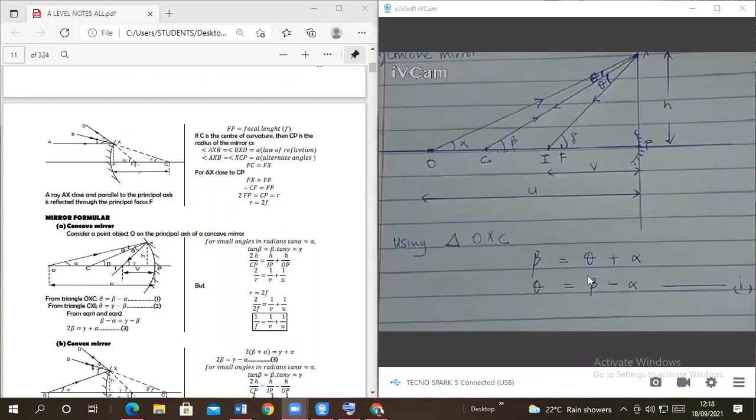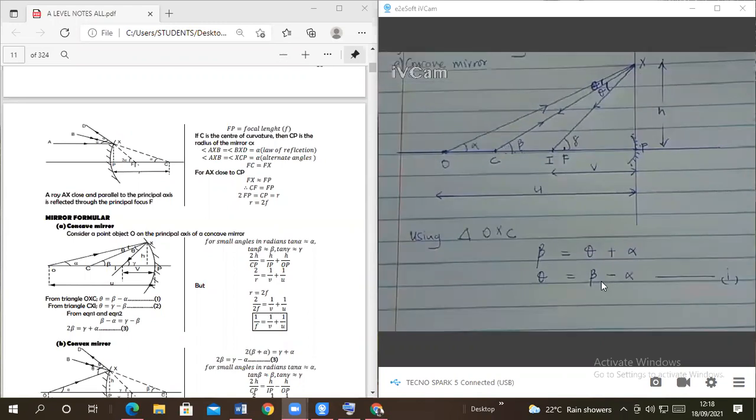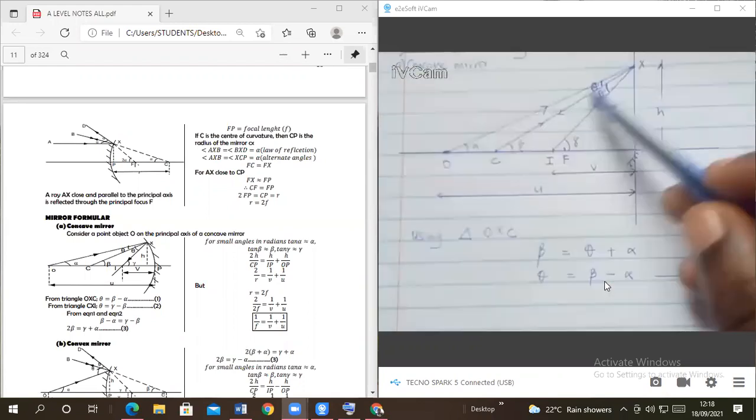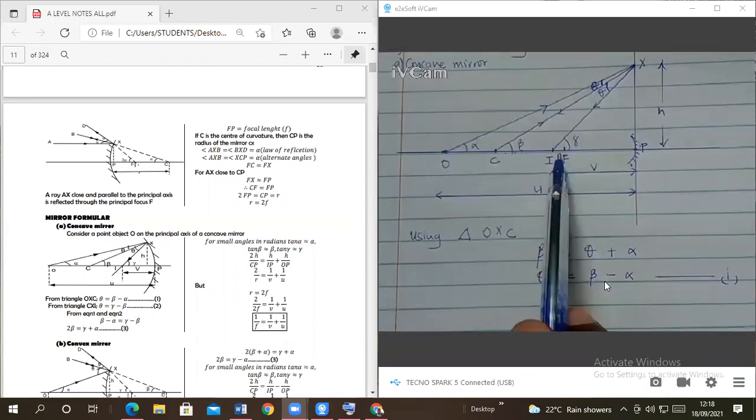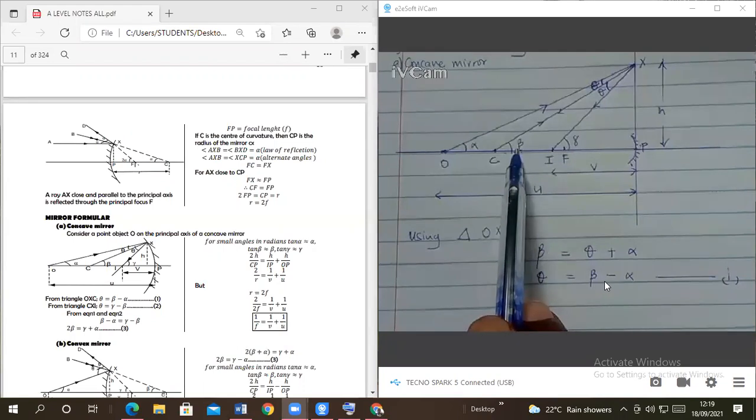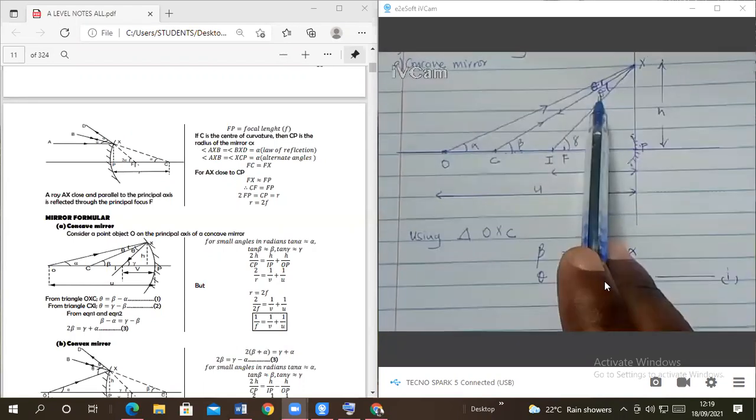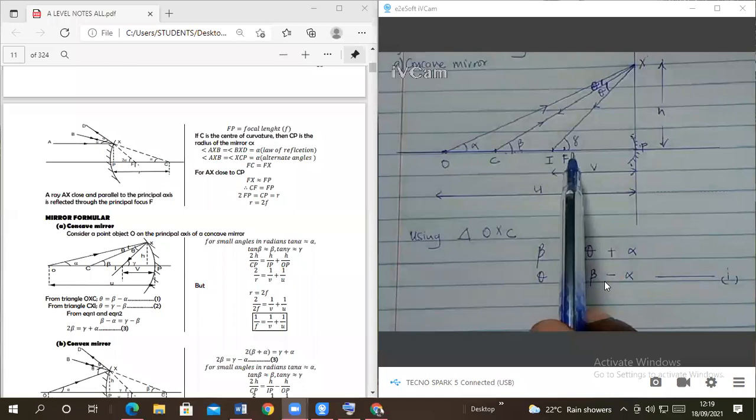That's the first equation. Okay, now we are going to use another triangle, and this triangle is CXI. In this triangle we have beta, which is inside, and also theta, which is inside. Then gamma is the one which is outside.